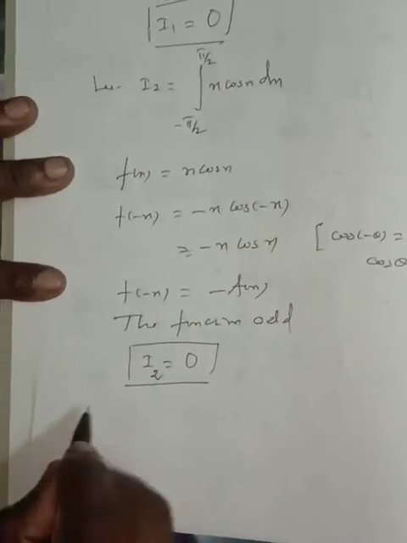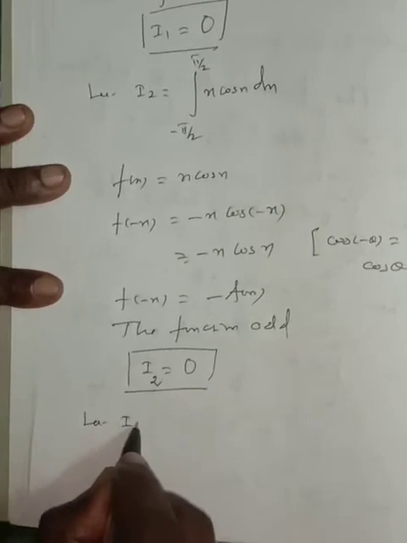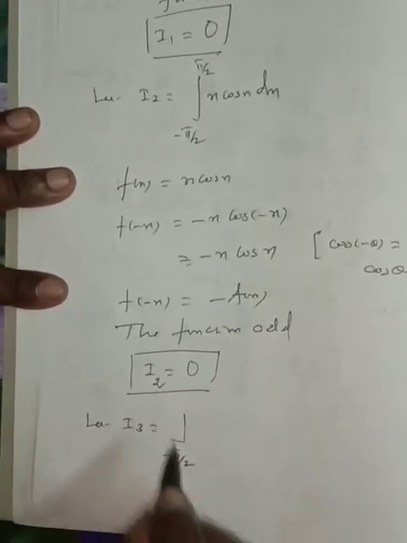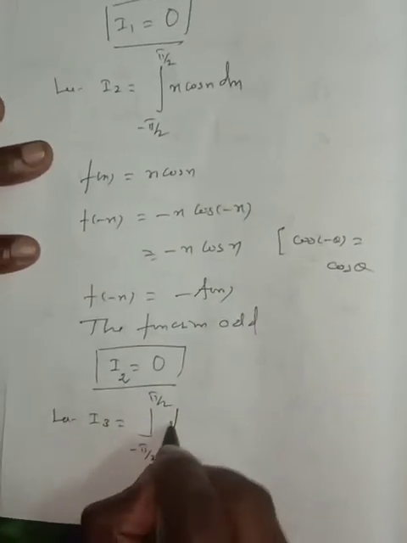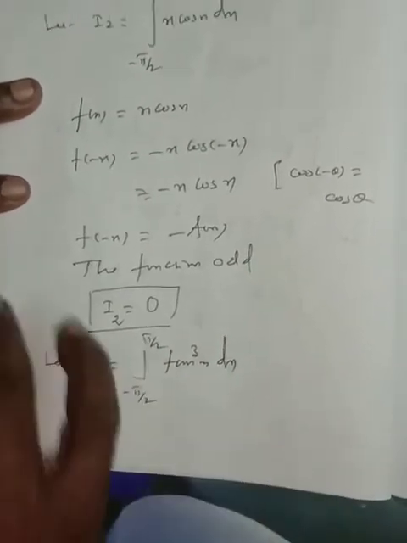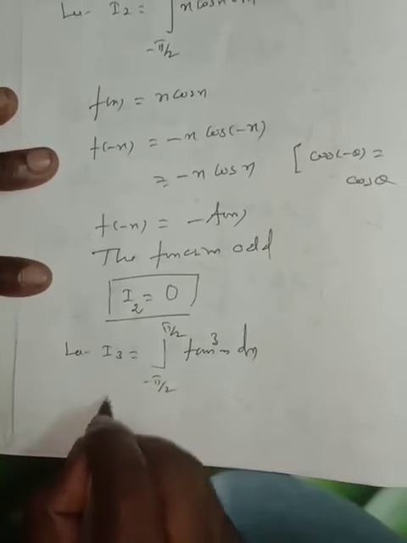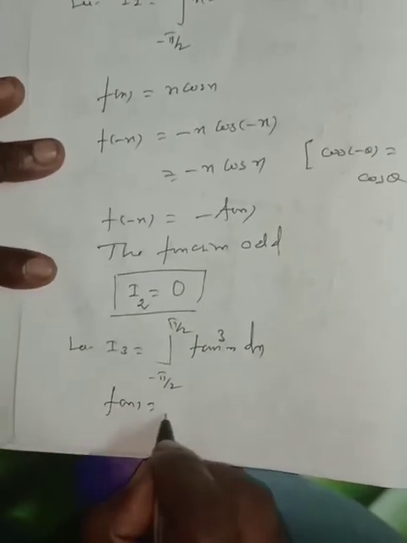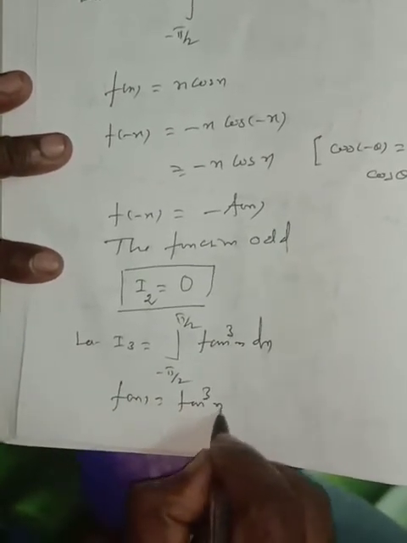Next, let I3 be equal to the integral from minus pi by 2 to plus pi by 2 of tan^3 x dx. F of x is equal to tan^3 x.